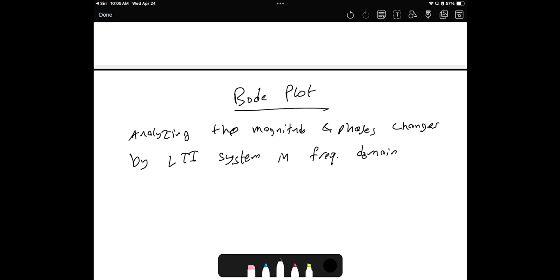So in other words, it's a graphical representation of the frequency response.